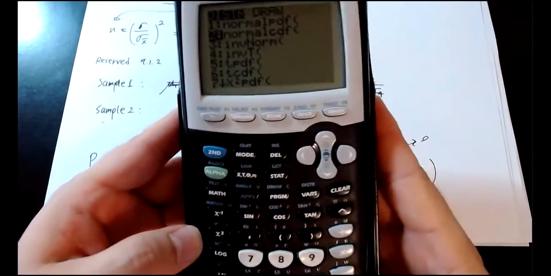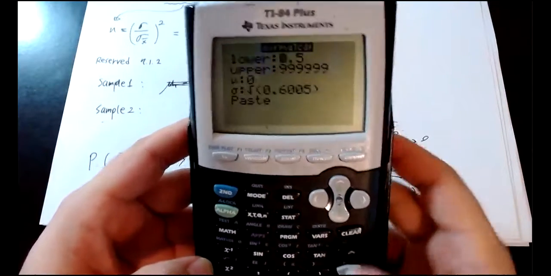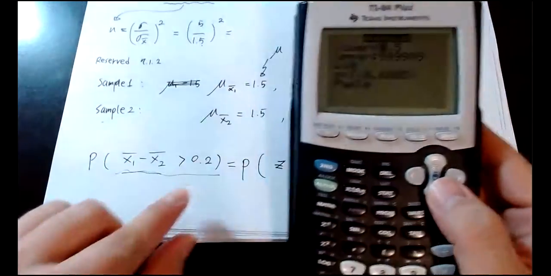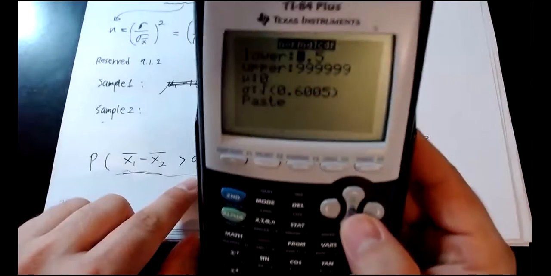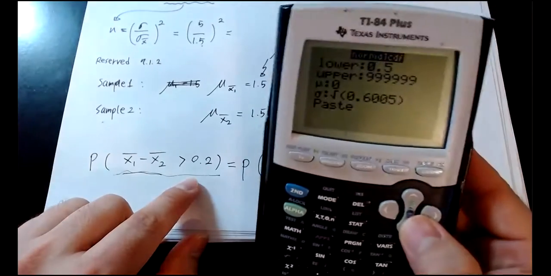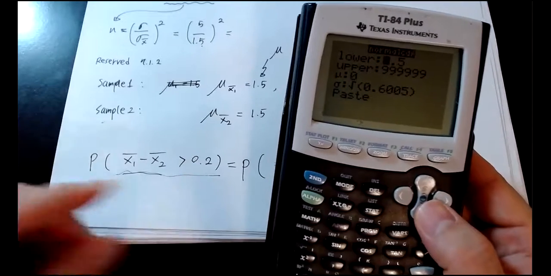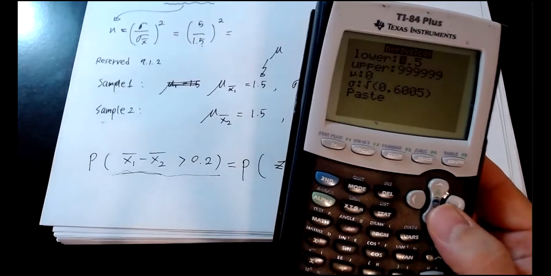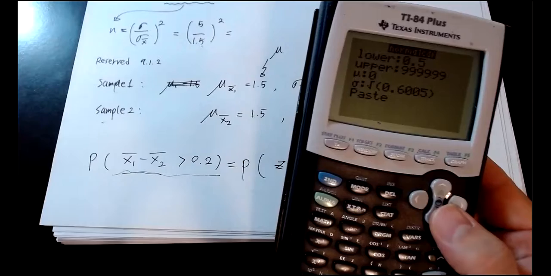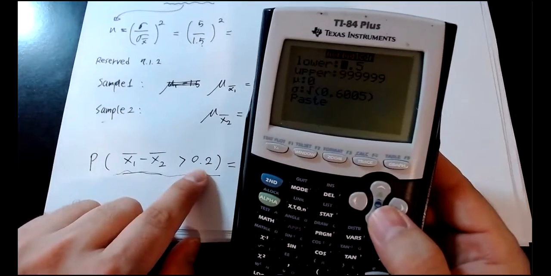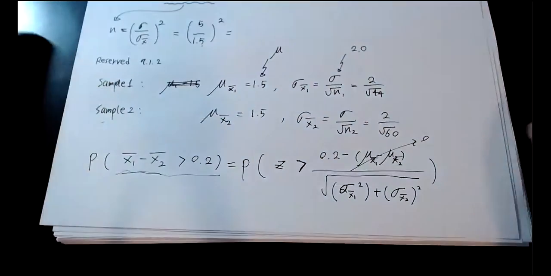The lower and upper mean the lower limit and upper limit of the integral of the PDF. We'll see here 0.2. So what are you going to do?